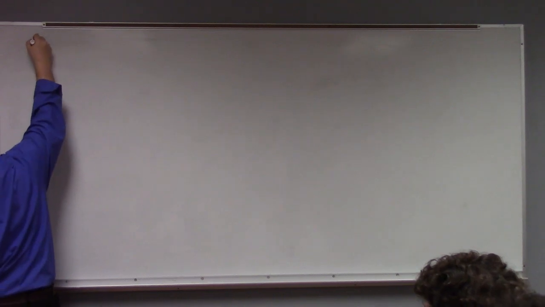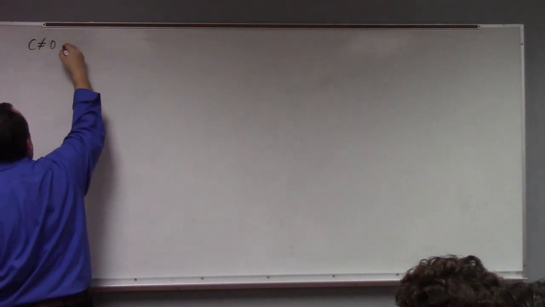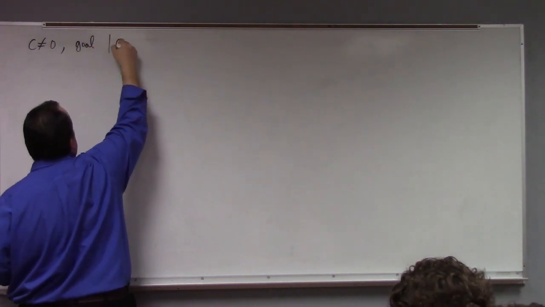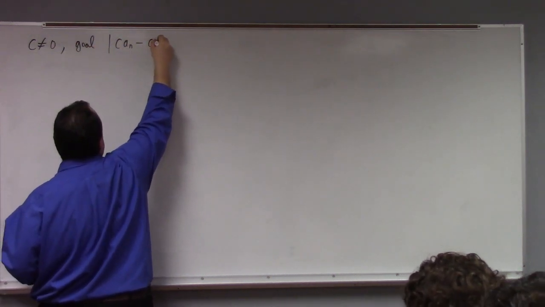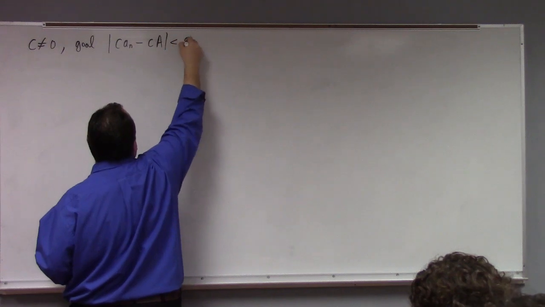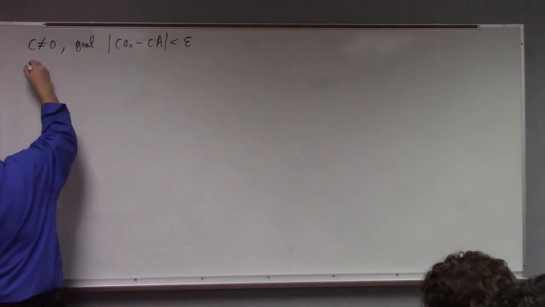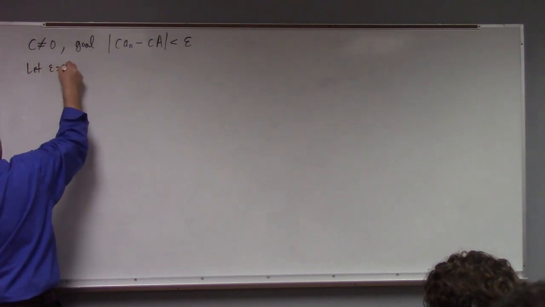Okay, so let's look at the case c not equal to 0. What's my goal? I want to show that the absolute value of c a sub n minus c times big A is less than epsilon, right? So what I'm going to do is let epsilon be greater than 0.